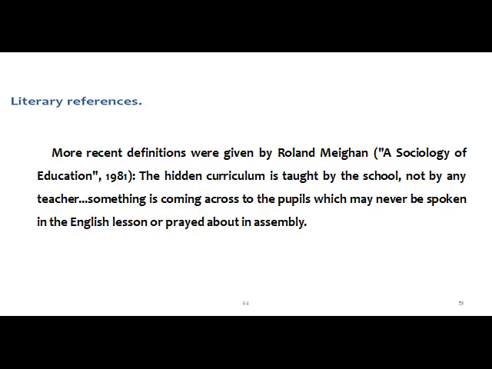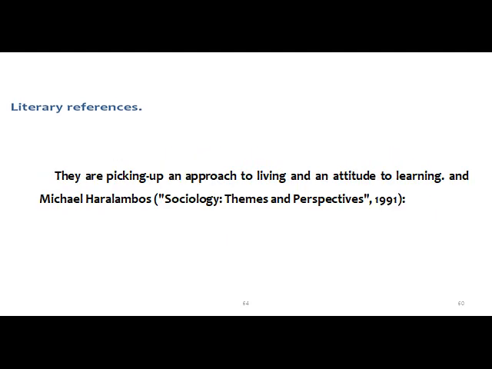More recent definitions were given by Roland Meighan, A Sociology of Education, 1981. The hidden curriculum is taught by the school, not by any teacher. Something is coming across to the pupils which may never be spoken in the English lesson or prayed about in assembly. They are picking up an approach to living and an attitude to learning.